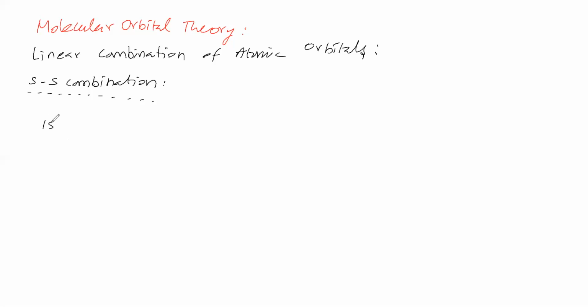So now we will take a 1s orbital. For a 1s orbital, the center is the nucleus. The 1s orbital is spherical and symmetric, and psi is given a positive sign.